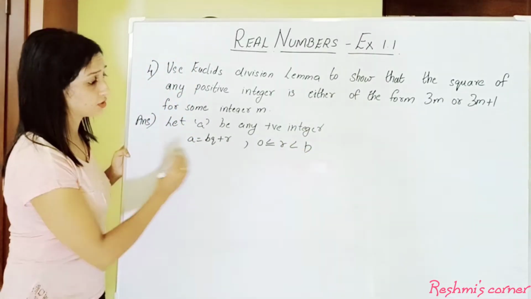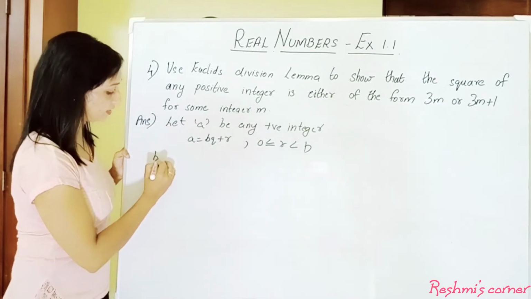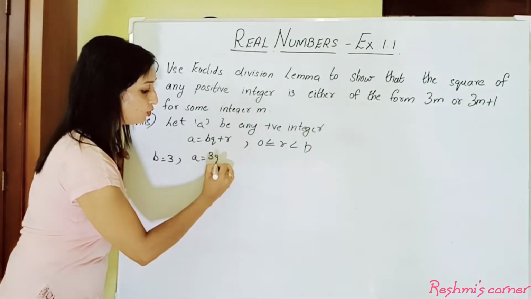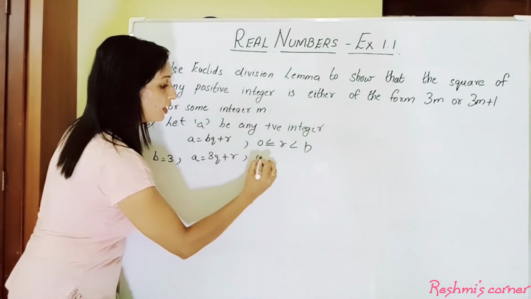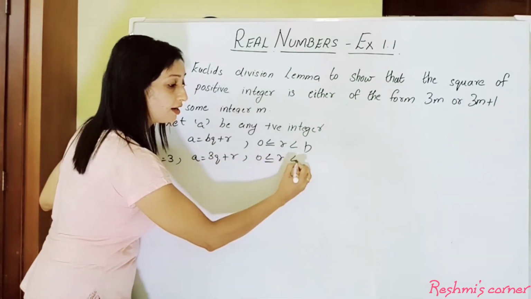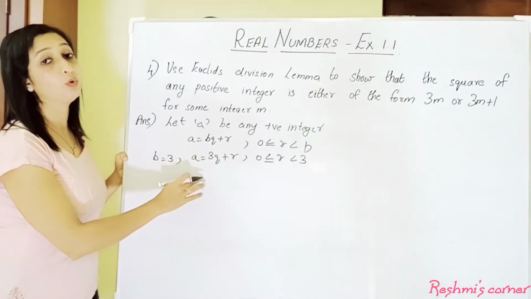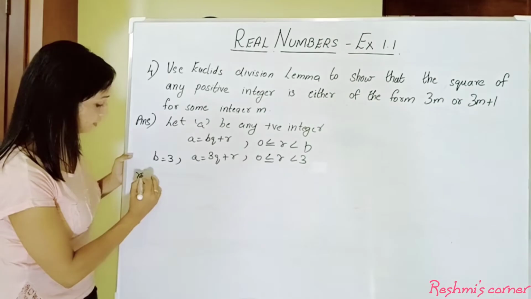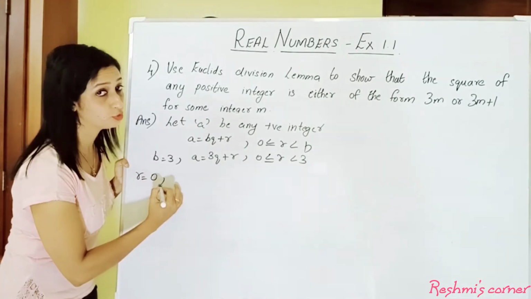Now what do we take b as? We take b is equal to 3, then we get a is equal to 3q plus r, where 0 is less than or equal to r less than 3. Now we are going to take the different cases of r. So let us consider the first case, which is when r is equal to 0.